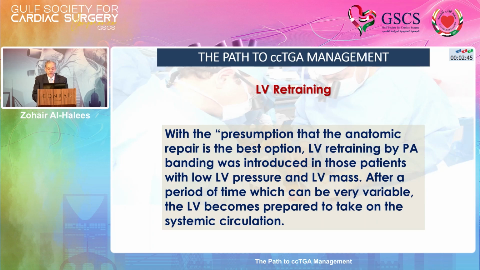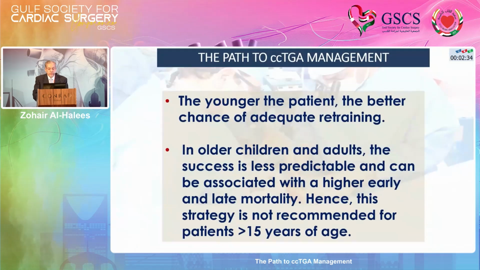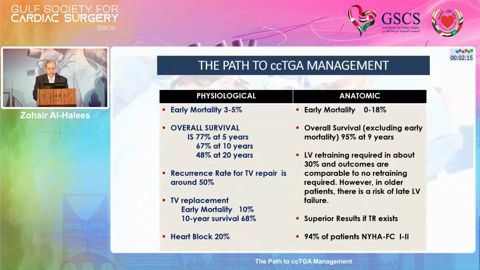After a period of time, which can be very variable, the left ventricle becomes prepared to take on the systemic circulation, and then one can do the double switch procedure. We know that the younger the patient, the better chance of adequate retraining. In older children and adults, the success is less predictable and can be associated with a high early and late mortality. Hence, this strategy is not recommended for patients older than 15 years of age.